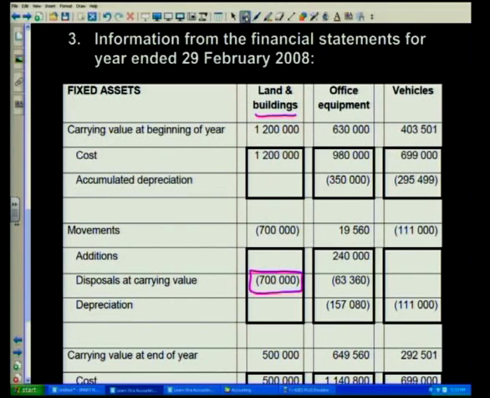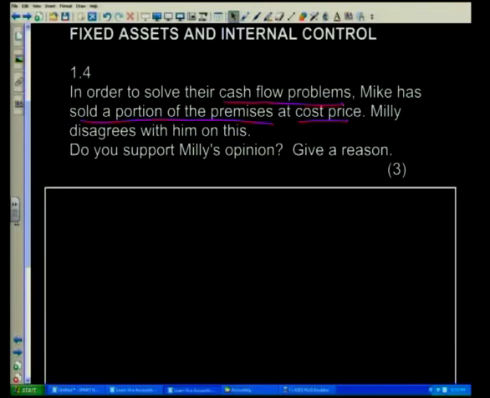So a piece of land has been sold at 700,000 Rand. That's the information that we're after. So Mike has sold a piece of land for 700,000 Rand, and it says here that that is the cost price of the land. Millie says that he should not have done that, and you need to give a reason whether or not you support Millie's opinion.